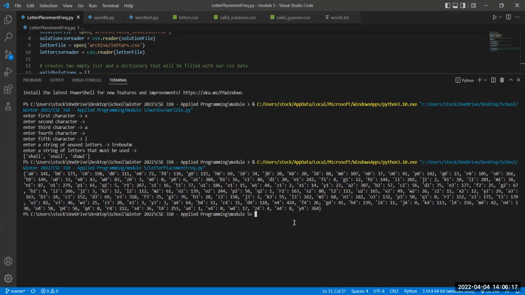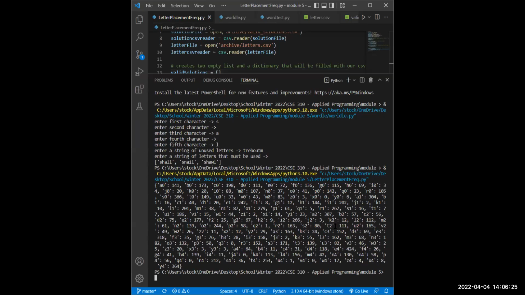So if you remember from the game that I just did, I started with tears, which is a pretty good word because it has a lot of these possibilities. So if we look at it, if we find T right here, there's 149 words that start with the letter T. And then if we look at A, there's 304 words that have A as the second letter.